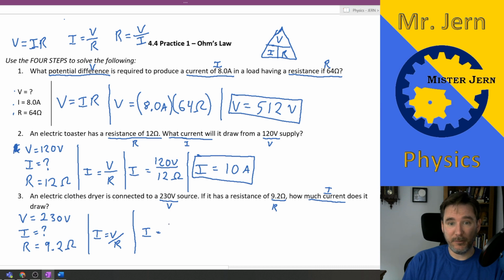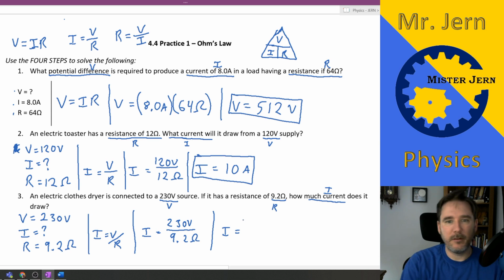This isn't too tough, right? So 230 volts divided by 9.2 ohms. And this one I am going to have to put in my calculator for some strange reason. I can't do 230 divided by 9.2 in my head, although it does give me a nice number, 25 amps.